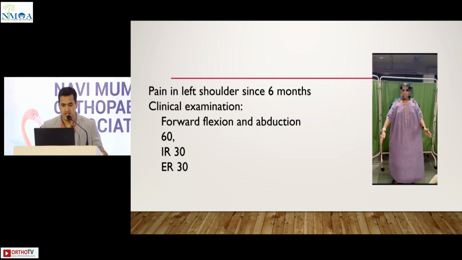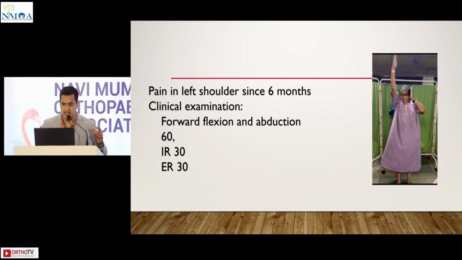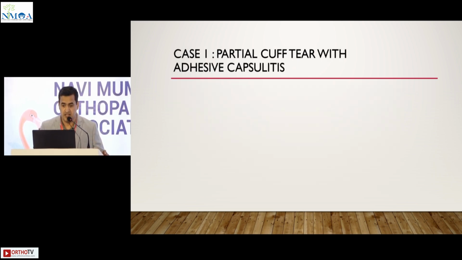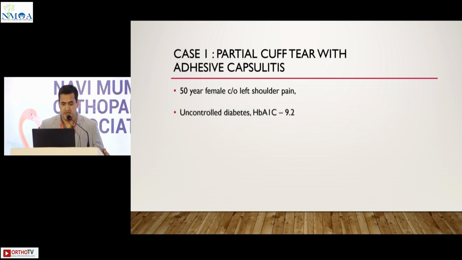A similar example: pain in the shoulder, a typical diabetic female, restricted range of motion, abduction. Again, an anterior superior tear was the MRI finding. She was advised surgery. Another patient, a 55-year-old female, HbA1c was 9.2.